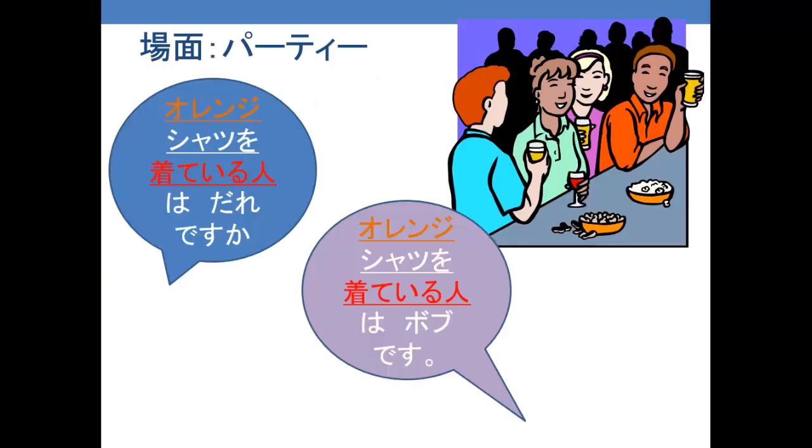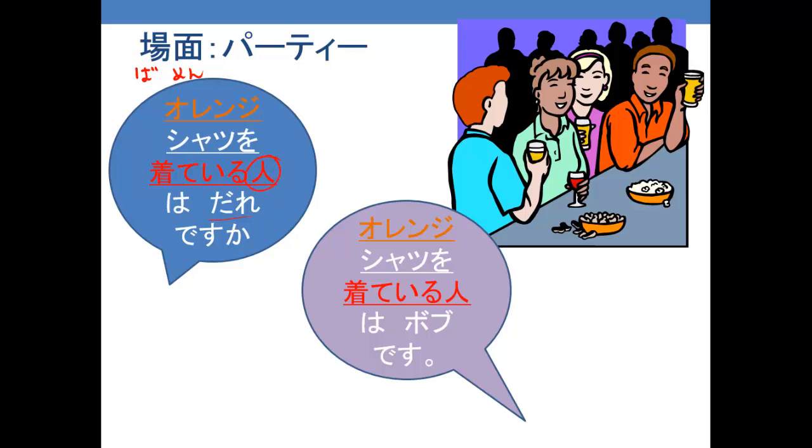Let's have a look at this particular bamen. Bamen means scene. Quite ironic given our picture, it's kind of a bar and people are checking each other out. So the scene is a party. Who's that? Which one do you like? One person says, Orenji shatsu wo kiteru hito wa dare desu ka? Dare means who, the subject of the sentence.